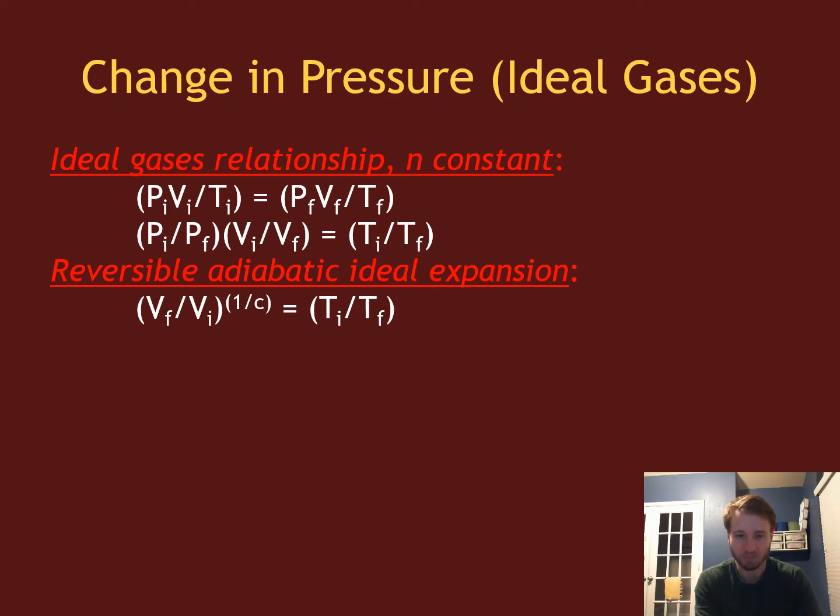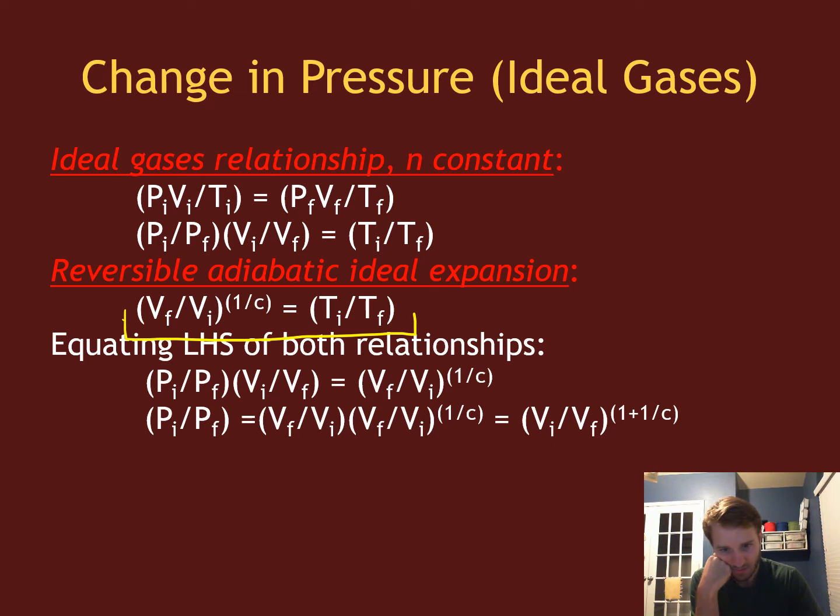And if we want to look at what the change in pressure is, we can use the fact that for an ideal gas, the ratio of pressure times volume over temperature initially is the same as that of the final pressure, volume, and temperature. I can rearrange this, and then I can use what that ratio of the temperature is in terms of volume, and I can then set these two equations equal to each other so that these ratios of pressures and volumes equals the ratio of volume raised to this 1 over C, which again is, remember, C is CV over NR.